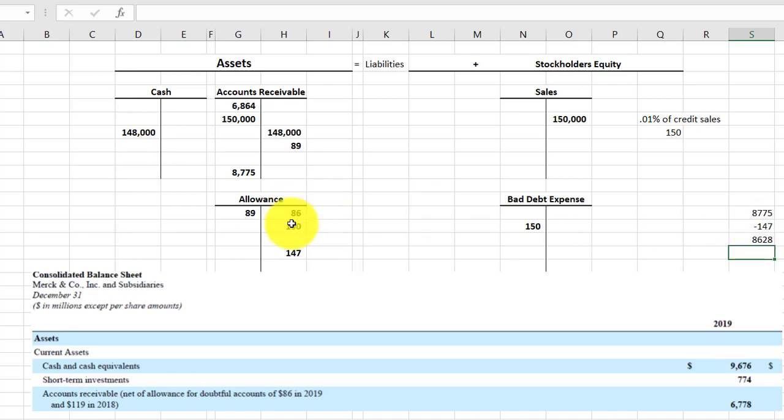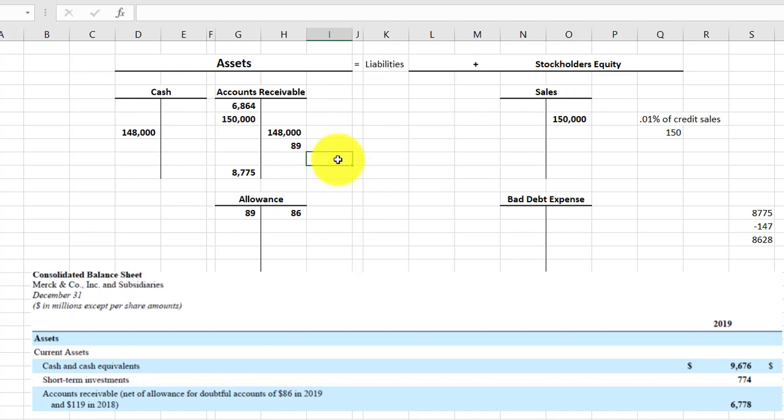All right? Now, let's do it on a percent of receivables. So instead of using this, we're going to go to our total accounts receivable. Instead of based on total sales, we're going to do it on just the amount of accounts receivable.